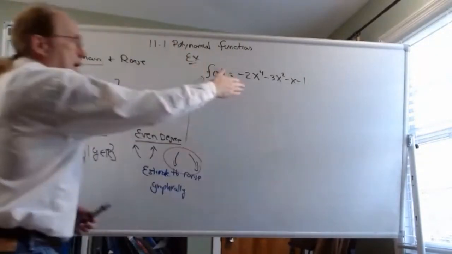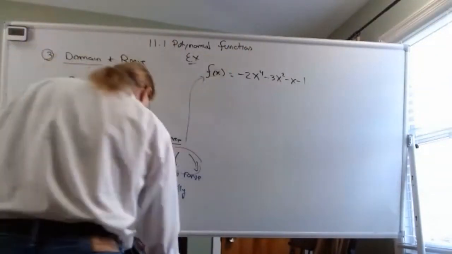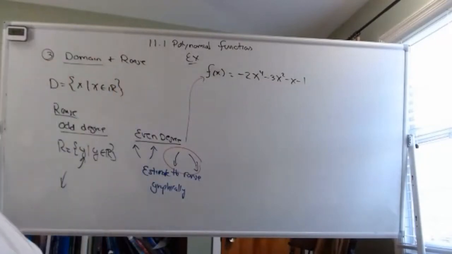So we know the domain. The domain is all real numbers. Now let's see if we can plug that in and try and estimate what the range is, the output, the y values, if you will, of that function.